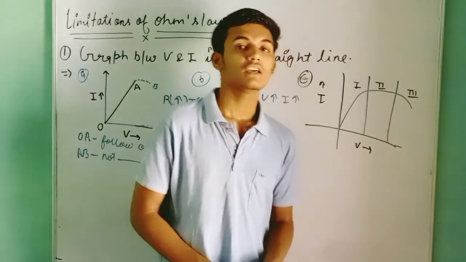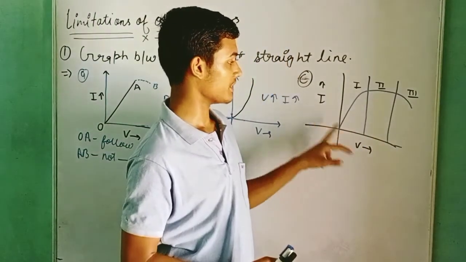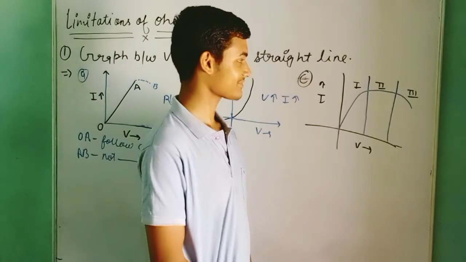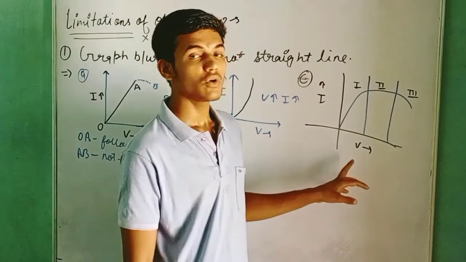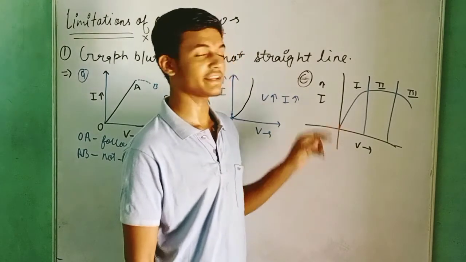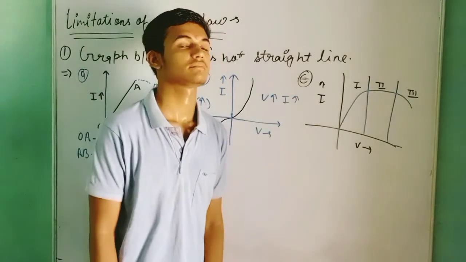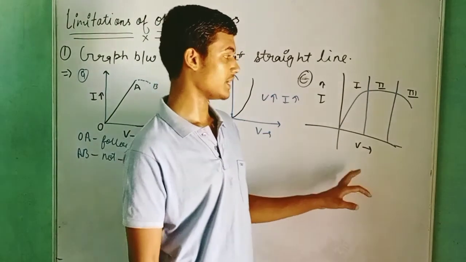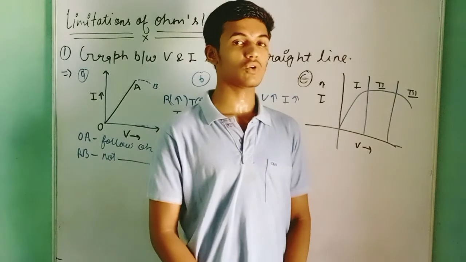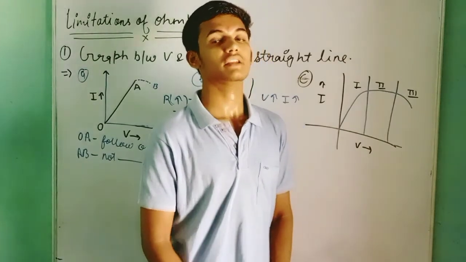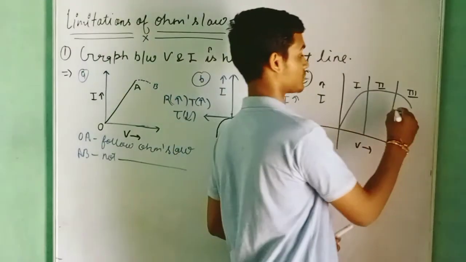Here we see when we increase V, then I decreases. That region is also called the negative region of resistance.